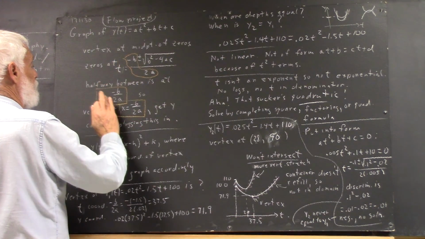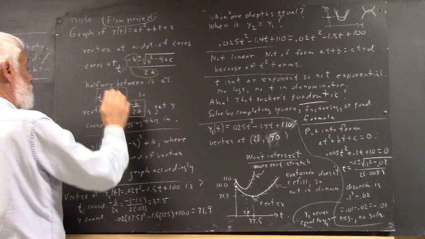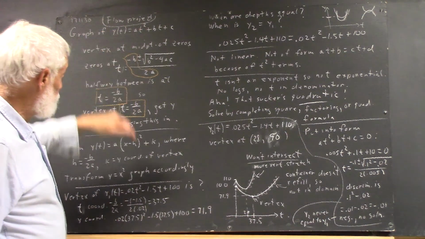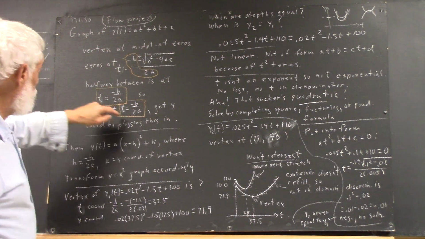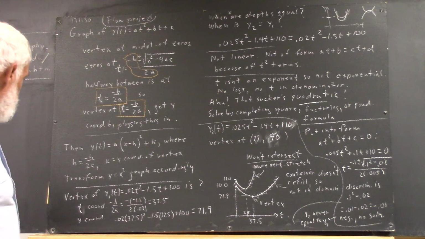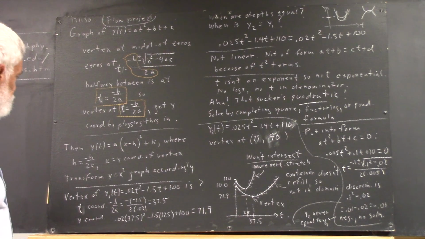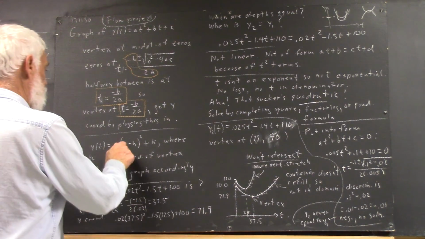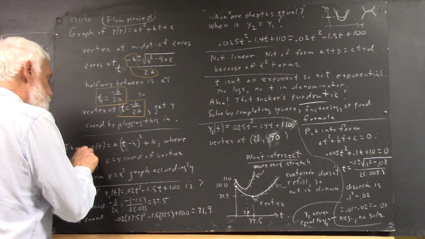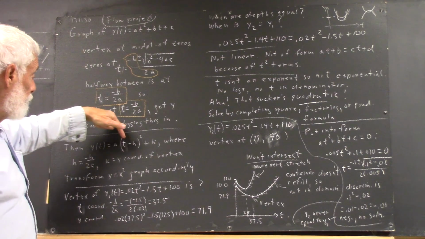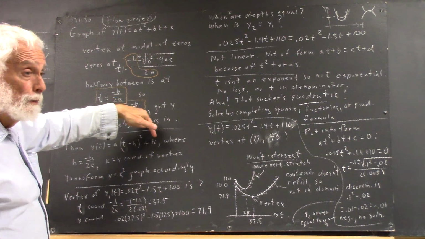But of course, in the case of this function, we would be graphing y versus t and not y versus x, so I'm going to make those t's. Actually I persisted with the x here, but I had y of t, so I should have had a t there. y of t then is a times t minus h squared plus k.